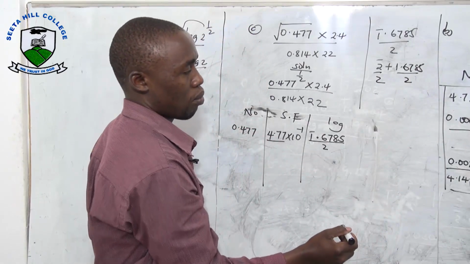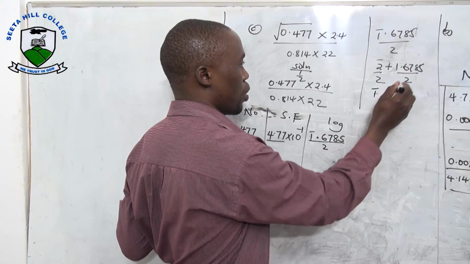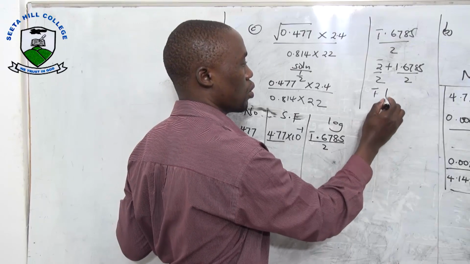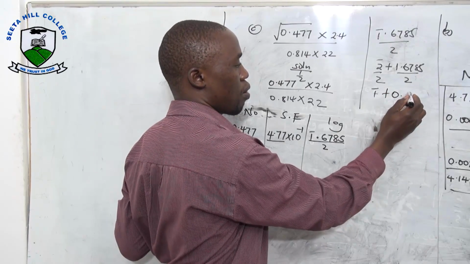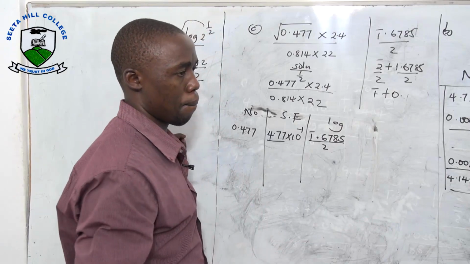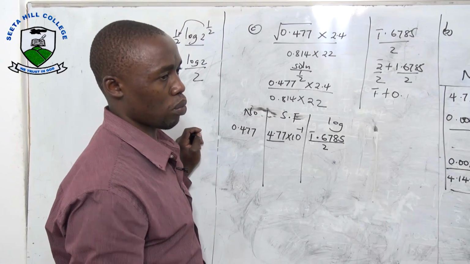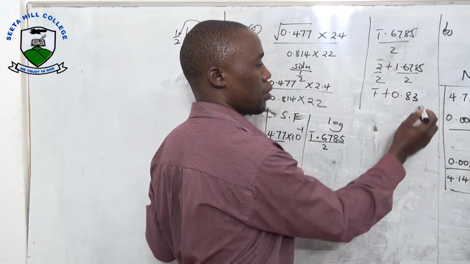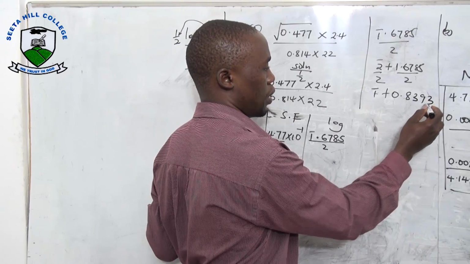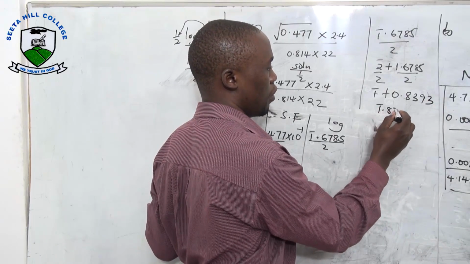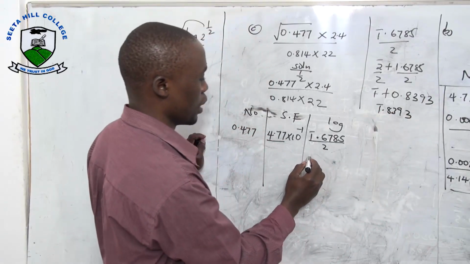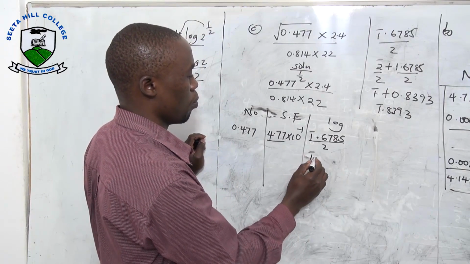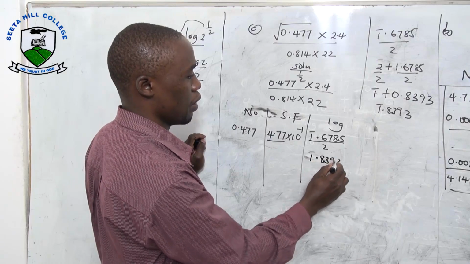Divide here, that's negative 1.0, 0 point what? 8 3, 9 3. So it becomes this, not so? 8 3 9 3. This is what you write here. 0 point, that's 1.8393.